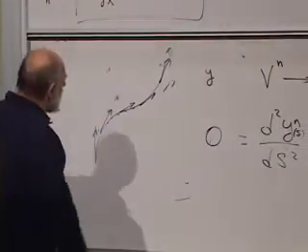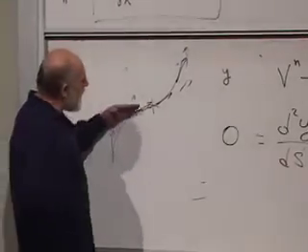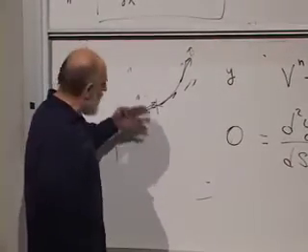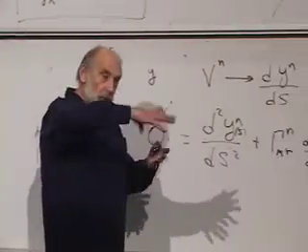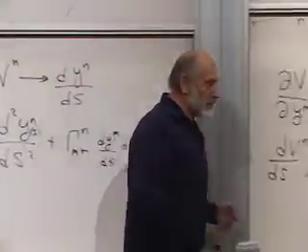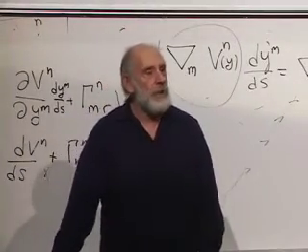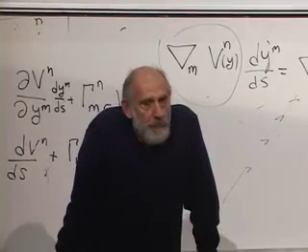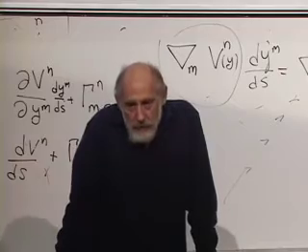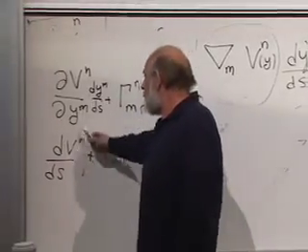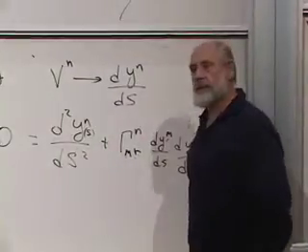In particular, that means if you take coordinates locally, which are as flat as possible, then the components of the vector are constant for a little ways until the coordinates start to bend. But that's the general definition of a geodesic. A geodesic is a curve whose tangent vector is covariantly constant. Covariantly constant means that the covariant derivative of the tangent vector is equal to 0.